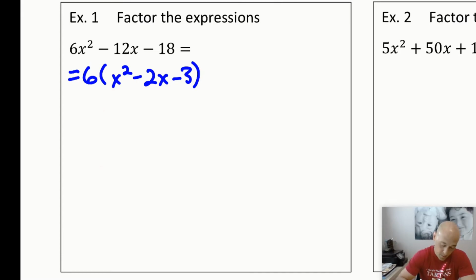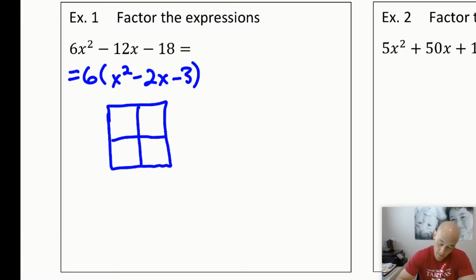In the lower left-hand corner, we put the x squared term. In the upper right-hand corner, we put the constant.